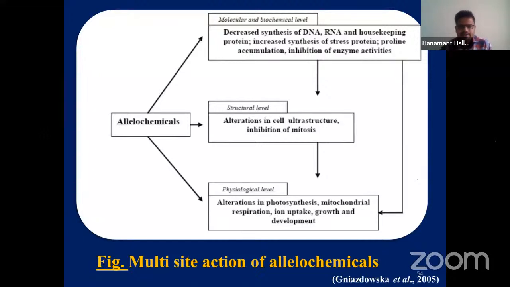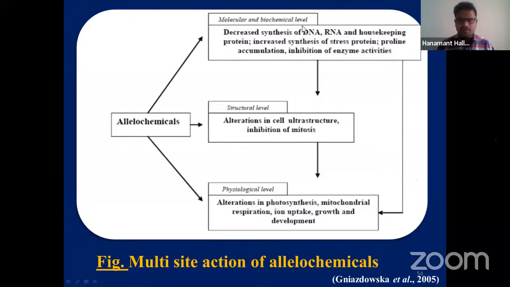So this is the site of action of allelochemicals. As we said for herbicides, similarly these allelochemicals are also biocompound chemicals, so they will also have different sites of action.